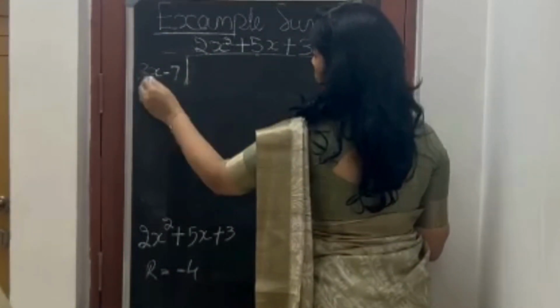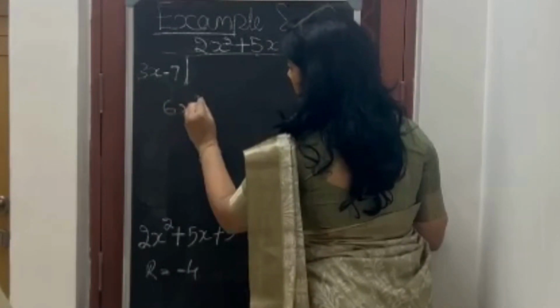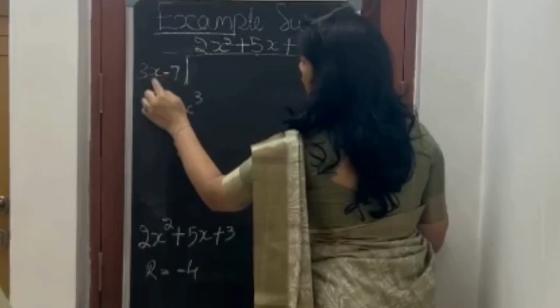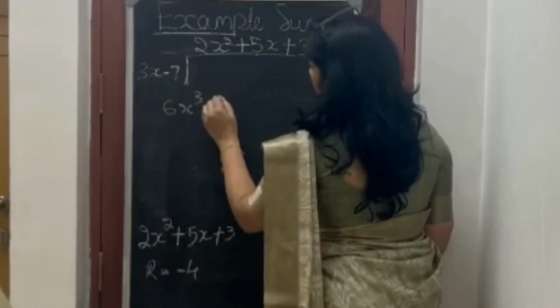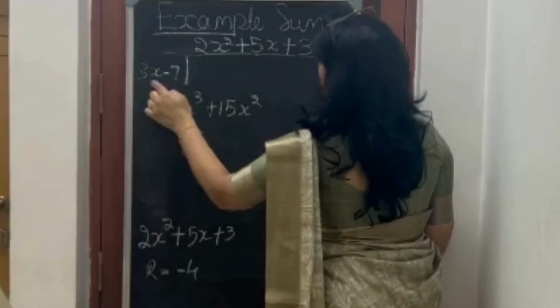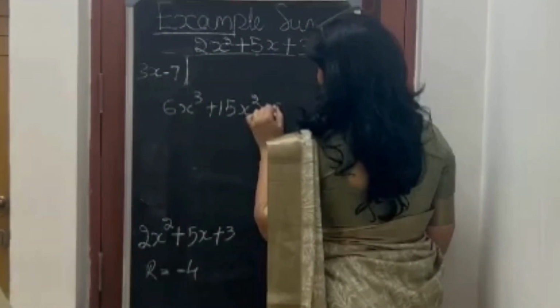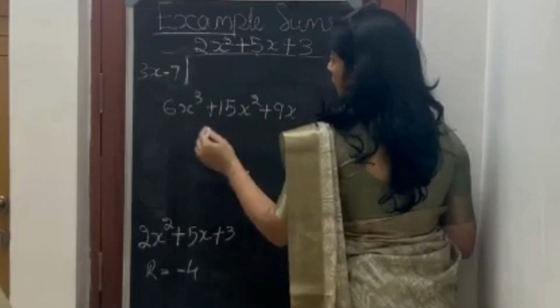Now, let me do multiplication. 3x into 2x square is 6x cube. Then plus 15x square, plus 9x, minus 14x square.